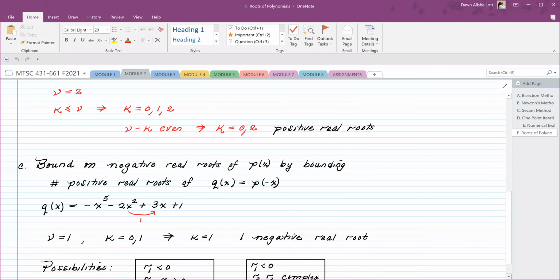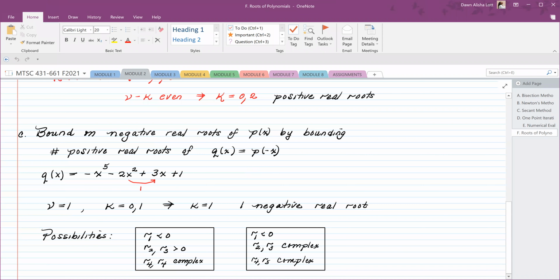So from the last example, we were able to show that the polynomial has one of two possibilities, because it has one negative root and 0 or 2 positive real roots. So therefore it has the one negative root. It could have 2 positive real roots and 2 complex roots.